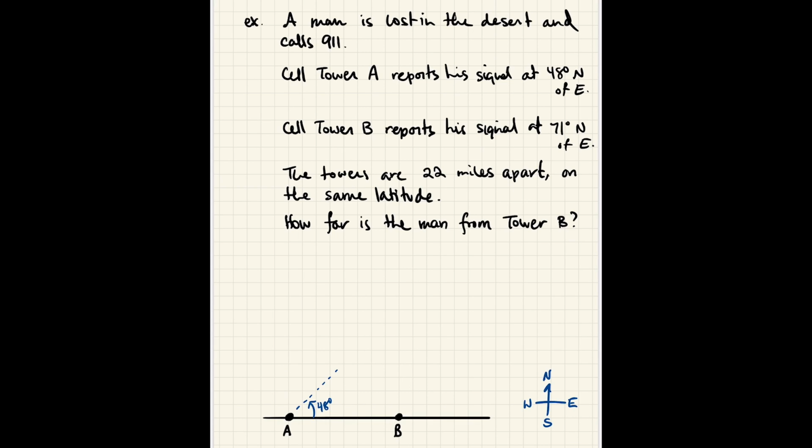So the guy is somewhere along this path, right? Now, cell tower B is saying we read him at 71 degrees north of east. Okay, so that would be an angle about like this, 71 degrees, which means the guy's right here.